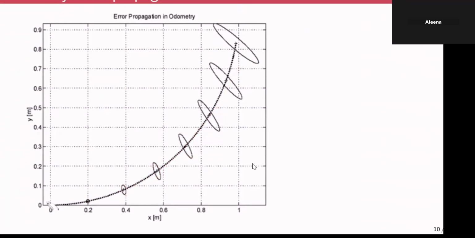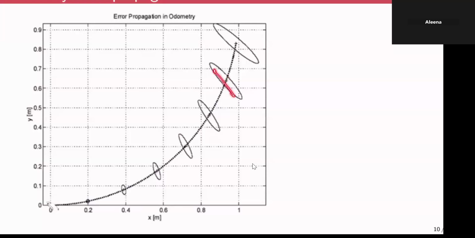So this is just how the robot would move by its odometry alone, just by using its encoders and no other insights from the external sensors. And as you can see, the variance or the uncertainty is very high perpendicular to the motion of the robot. If you resolve the direction as parallel to the path and perpendicular to the path, parallel to the path the uncertainty is pretty low, by the width of this ellipse.